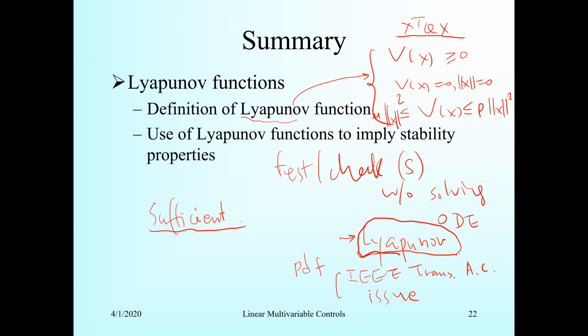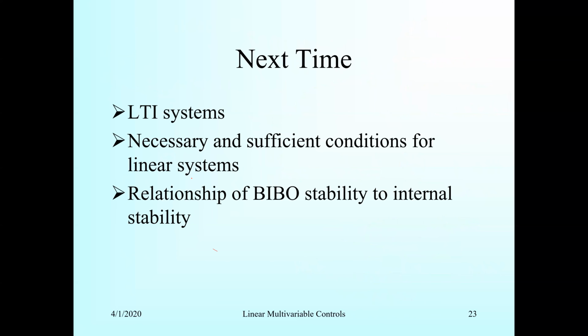Be careful, don't claim too much. But fortunately, we are going to show you now that for the LTI system, or for a linear system, we can establish if and only if conditions. And then the BIBO stability and the internal stability are all connected.